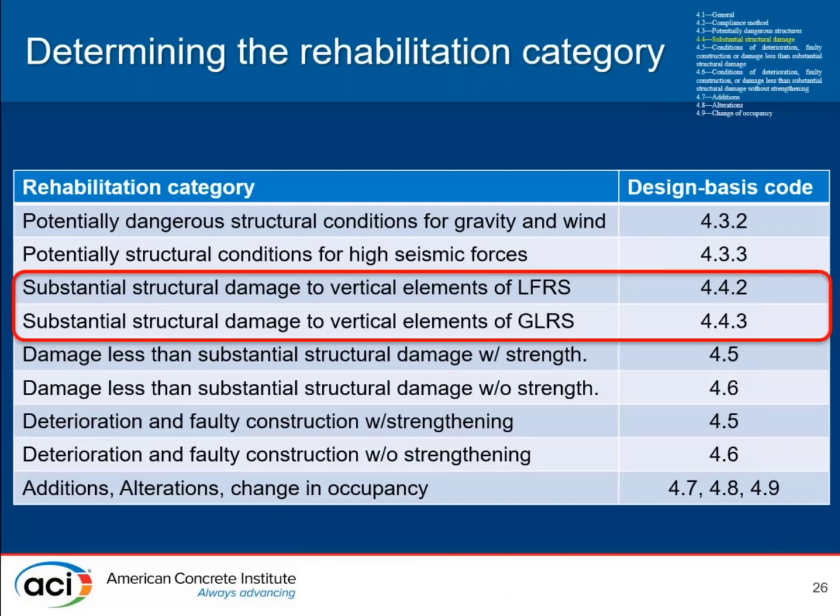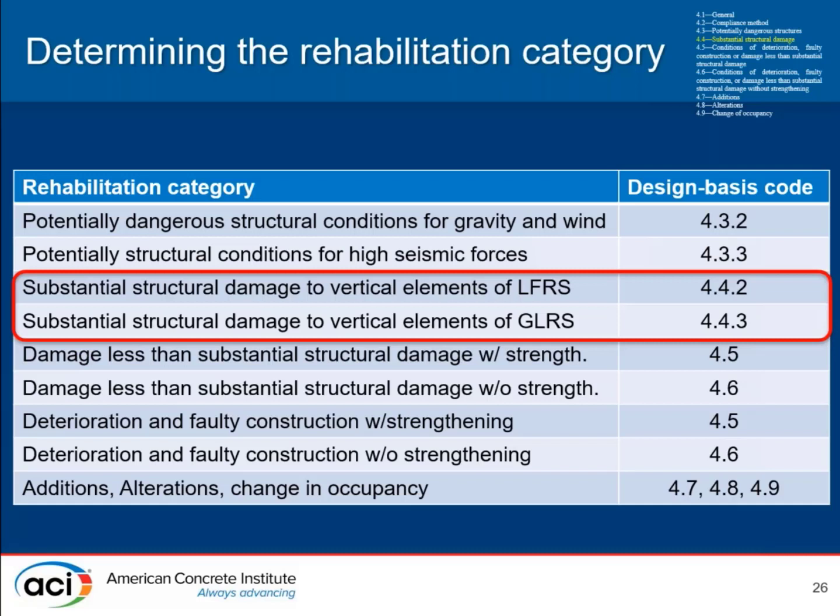Now let's look at cases where substantial structural damage is present. We can think about substantial structural damage to vertical elements of the lateral force resisting system or to vertical elements of the gravity load resisting system.